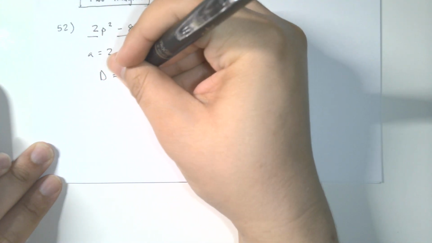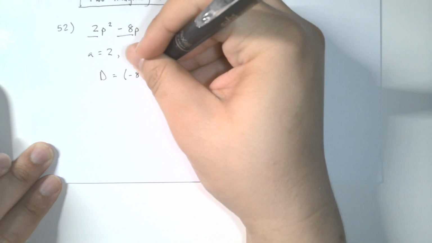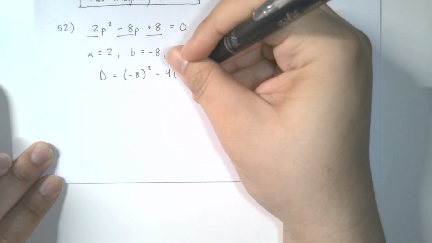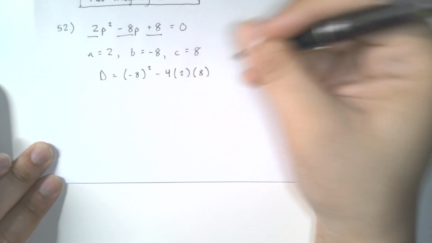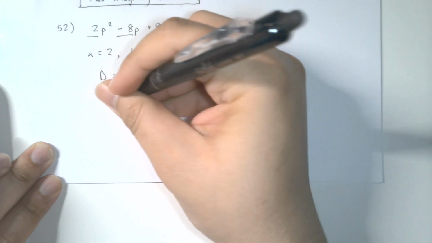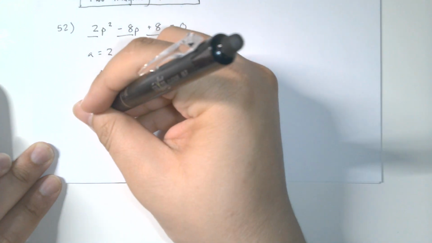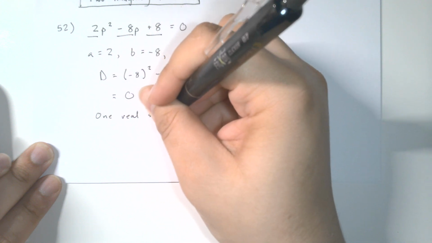Plugging into our discriminant, d is equal to b squared minus 4 times a times c, which is 8. Calculating this out, we get 0. So again, we have one real solution.